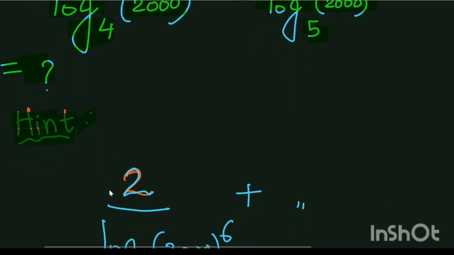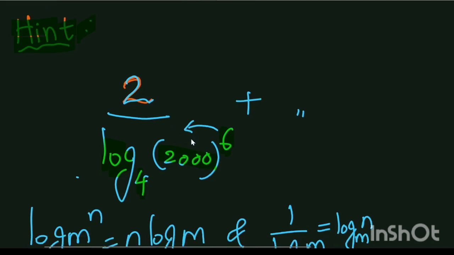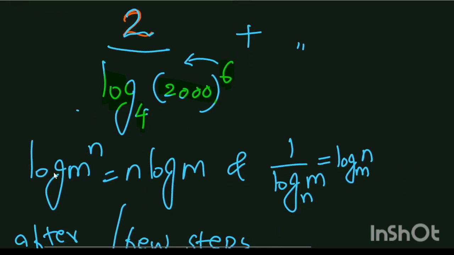Let's see. If you see the first term, the same thing will apply to the second term as well. Here, as you can see, this is a log where the argument has some power 6, and the base is 4. So 6 can go down using this property, log m to the power n is n log m.